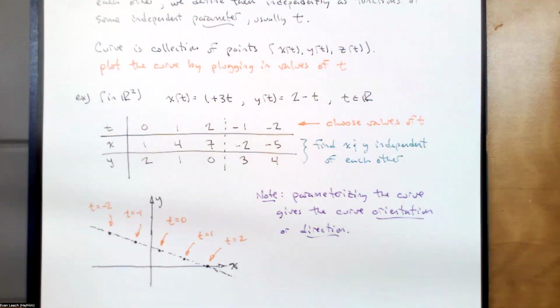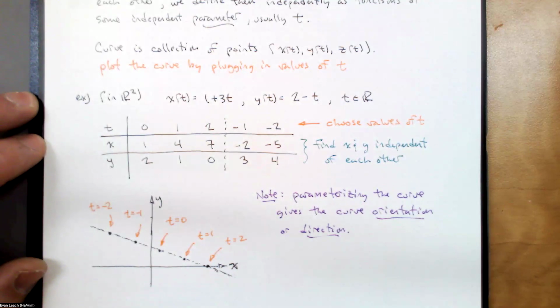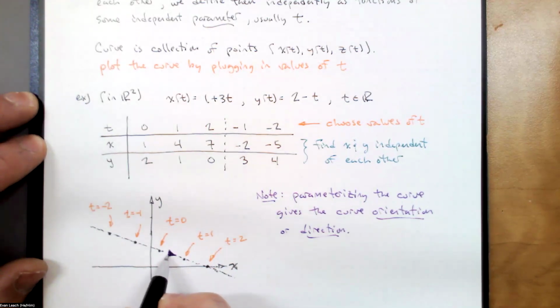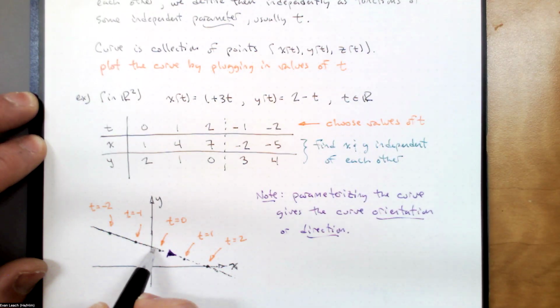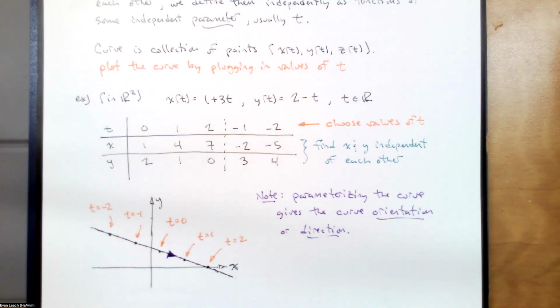So this is not just a line sitting there in R2, this is a line with direction. As t increases, the line goes that way. So I can indicate that direction with this arrow.